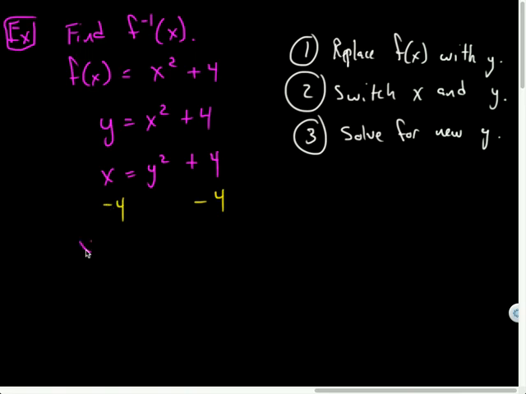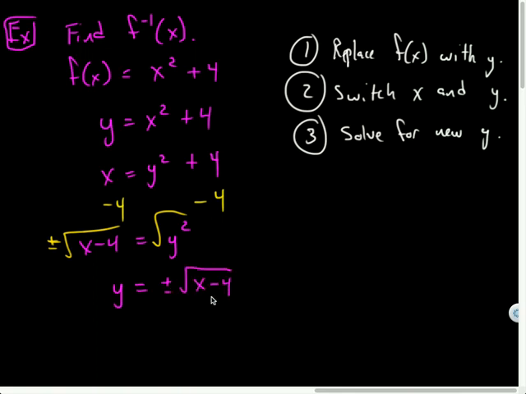So I'll have x minus 4 equals y squared. And now I can root both sides. And am I forgetting anything? Plus or minus, don't forget it. So I'll get y equals plus or minus the square root of x minus 4.